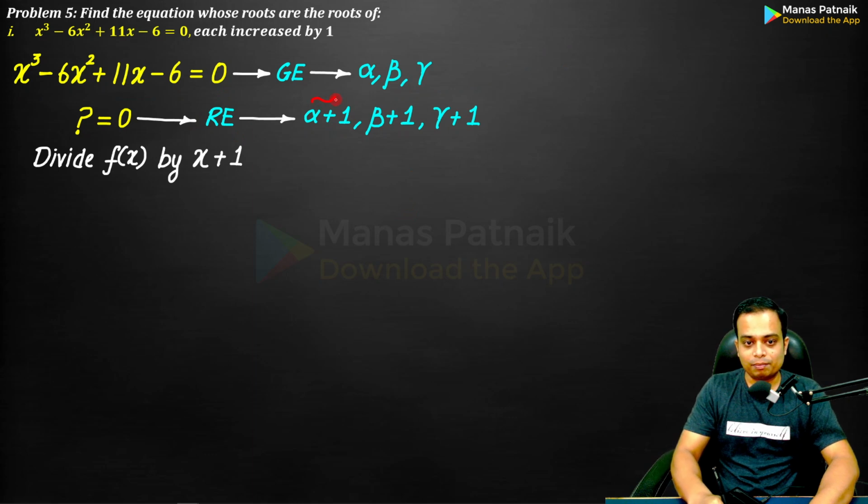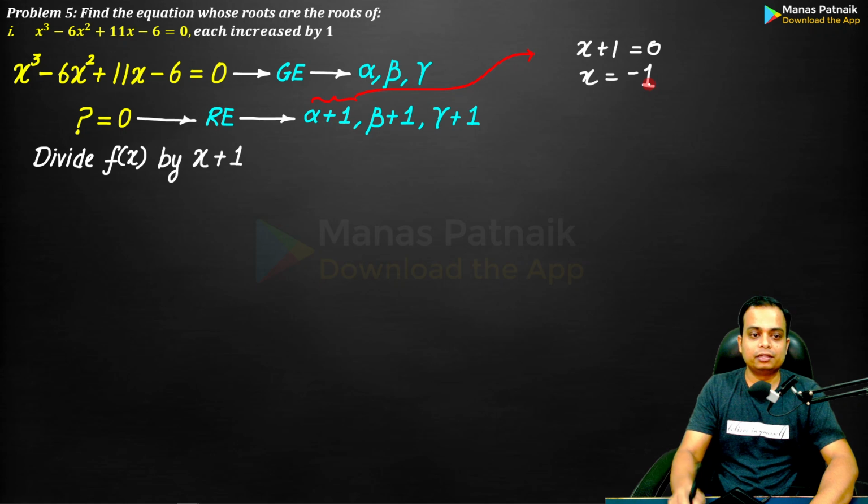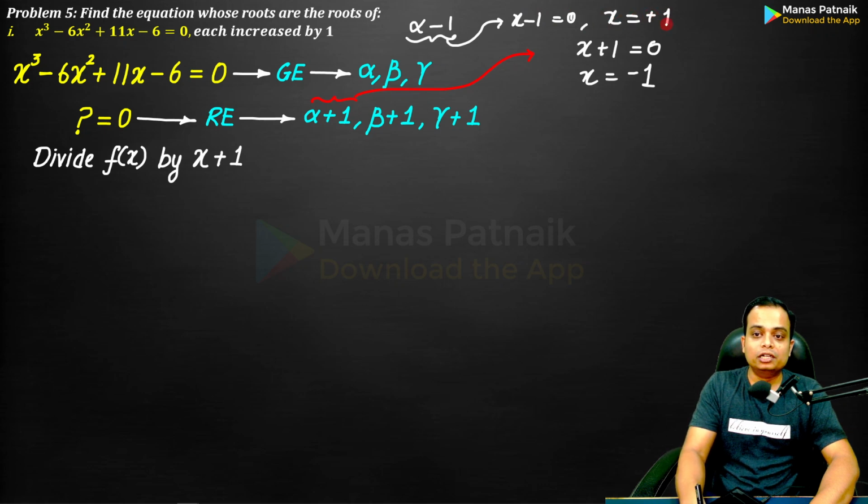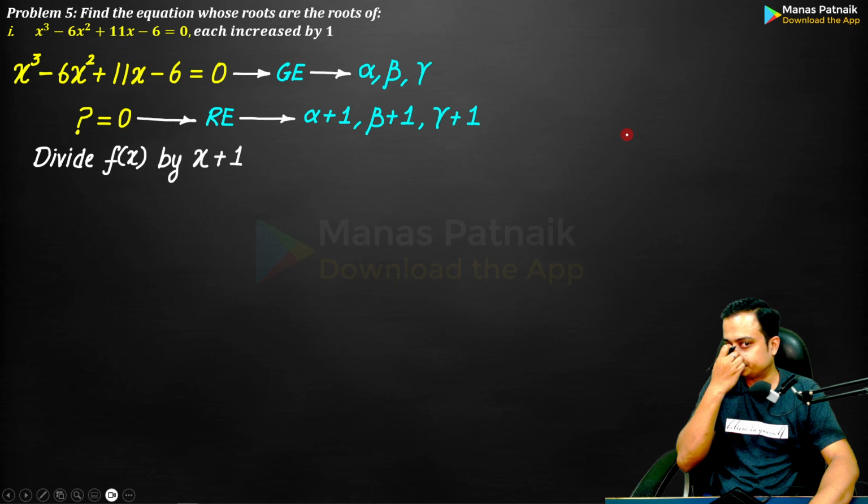This alpha plus 1 can also be written as x plus 1, and that is equal to 0. So x is going to be equal to -1. This is going to help us apply the synthetic division technique. If the roots were decreased, I would have written alpha minus 1, and in that case I would have done x minus 1 is equal to 0. So x in that case would have been equal to +1, but this is a different case.